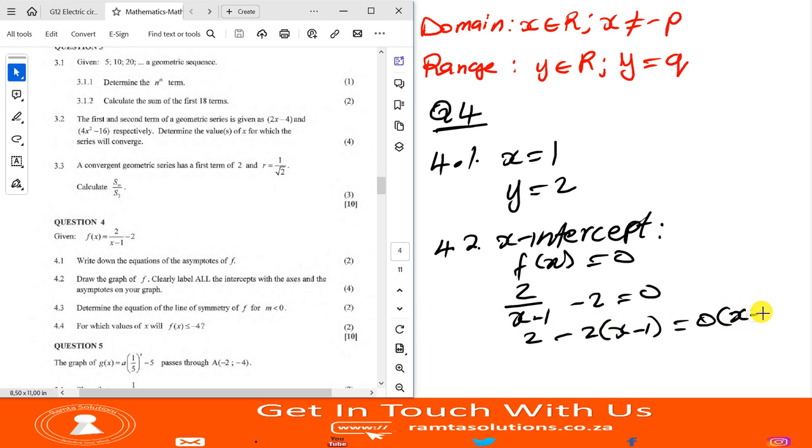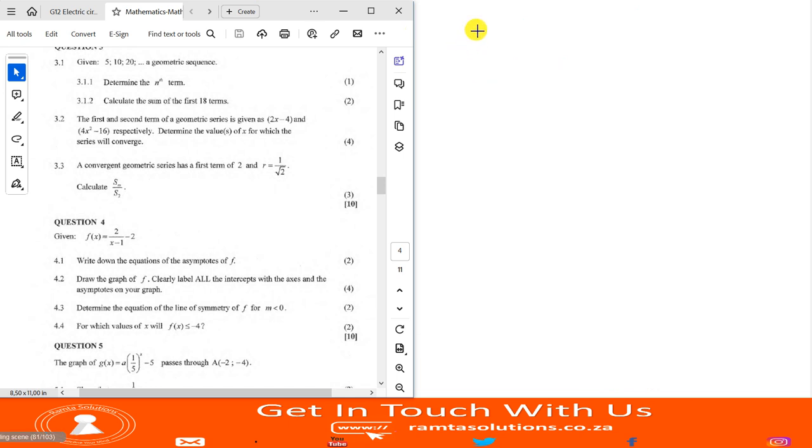So this is 2 minus 2x plus 2 equals 0. So negative 2x is equal to negative 4. Going to the next page, we then say x equals positive 2.